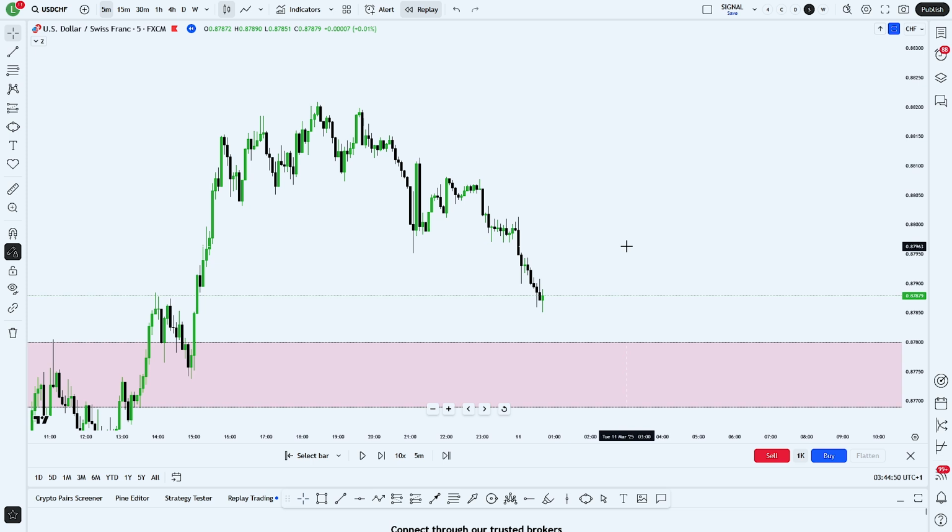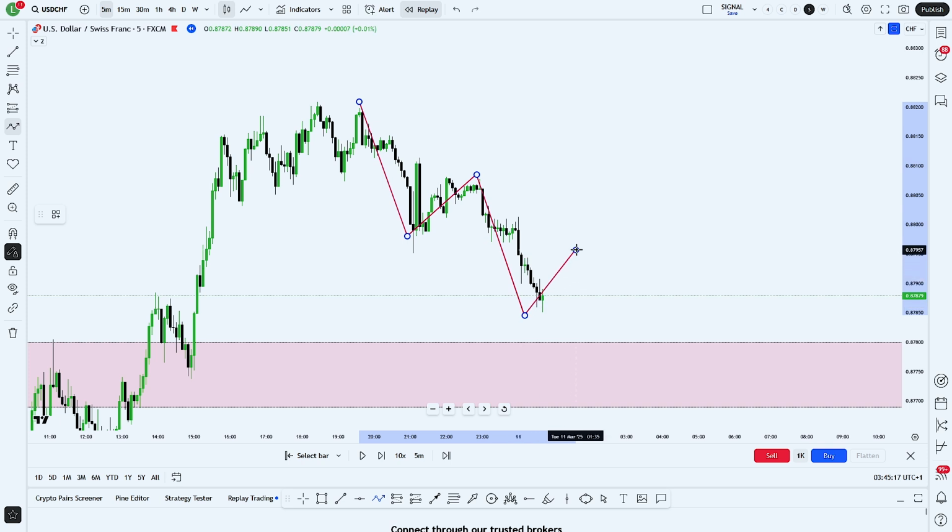On the 5 minute time frame that we are using as our execution time frame, you agree with me that the sellers are the ones in charge of the market right now. Why? Because price pushed down to this key level zone, then price gave us a lower high, a lower low.